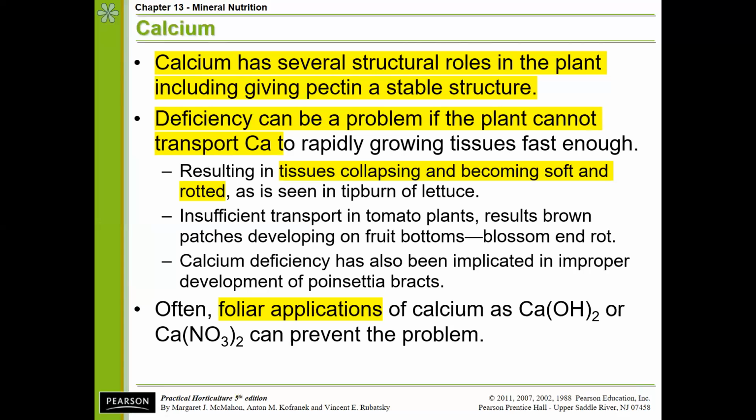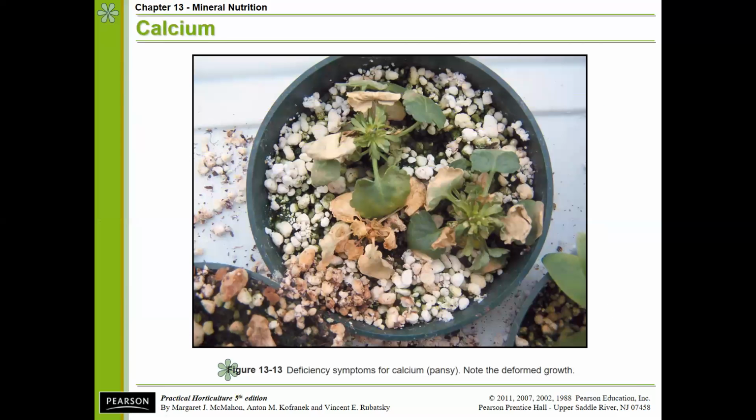Or also I've heard of people putting Tums at the base of tomato plants in order to prevent it by supplying calcium. Of course, in that form, calcium carbonate. Here's a deficiency symptom of calcium in pansies, just deformed growth there. Kind of looks like the rotting of tissues.